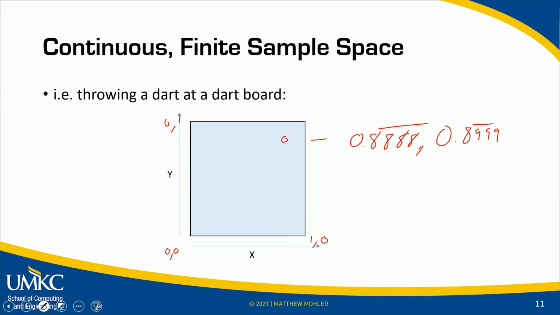So in this case, we have a continuous system where the range of individual possibilities in the system is actually infinite. It can land anywhere in this dartboard, and there are infinitely many distinct points within this finite space that goes from 0 to 1 in 2 axes.